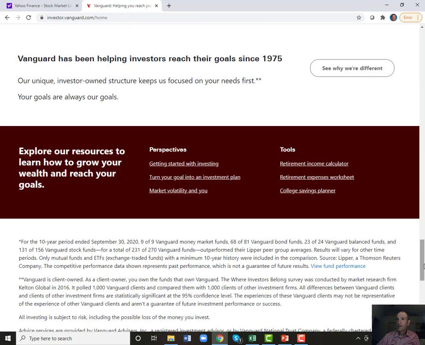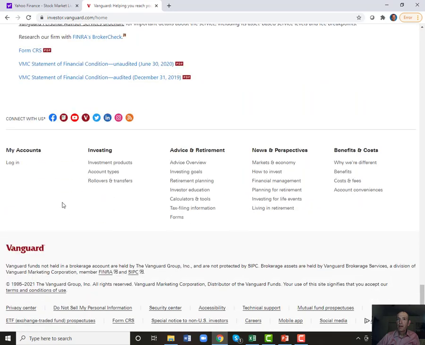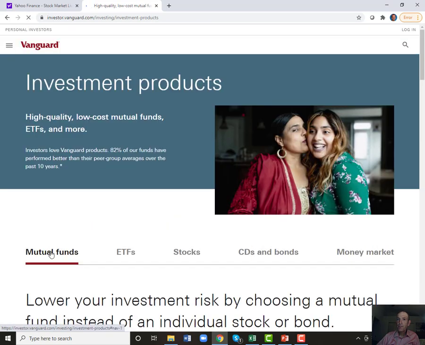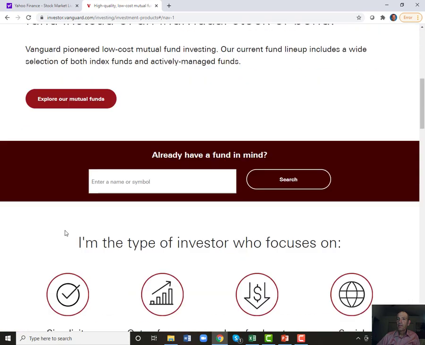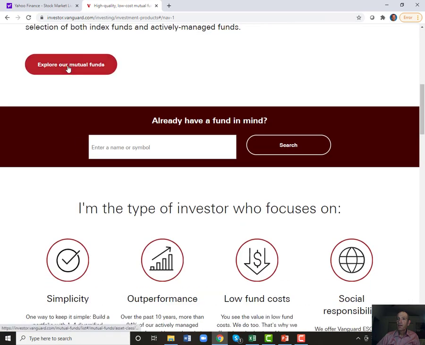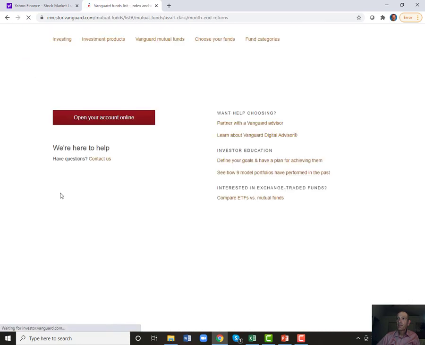So I'm going to go down to the very, very bottom. It says down here, investment products. I'm going to click on that. Mutual funds. They do have ETFs as well, the Vipers. So we'll click on the mutual funds. It says explore our mutual funds. So I'm going to click on that.